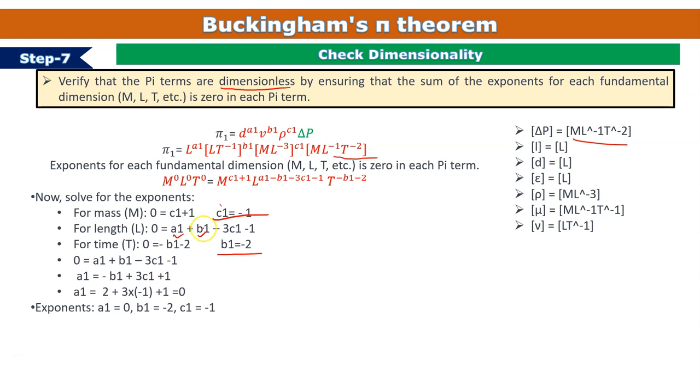If a1 is equal to 0, now we know that pi 1 is equal to d to the power a1, v to the power b1, rho to the power c1 into del p. Now a1 is 0, b1 is minus 2, and c1 is minus 1. So now we got that pi 1 is del p by rho v square. If you check that, it is a dimensionless number.